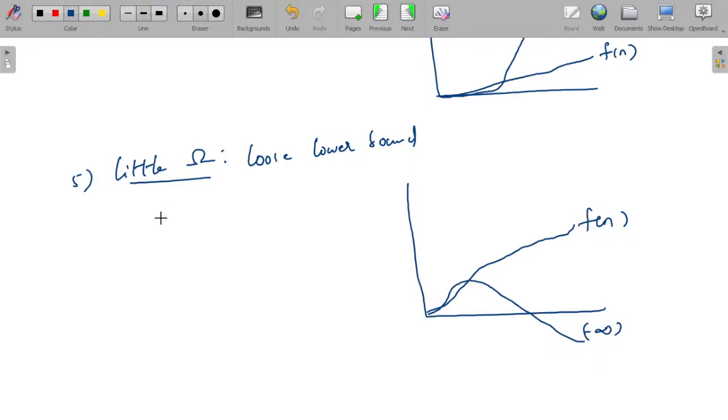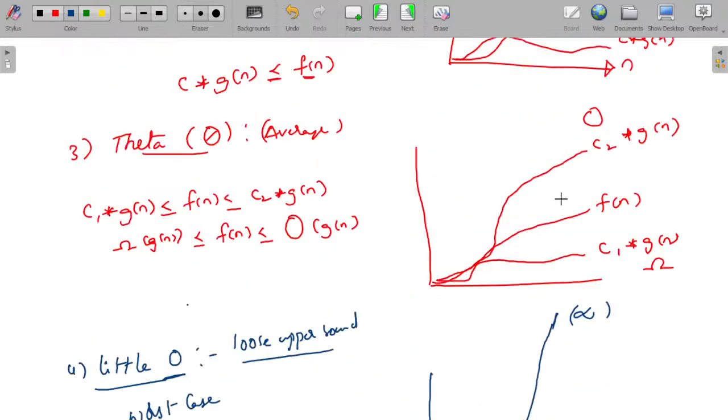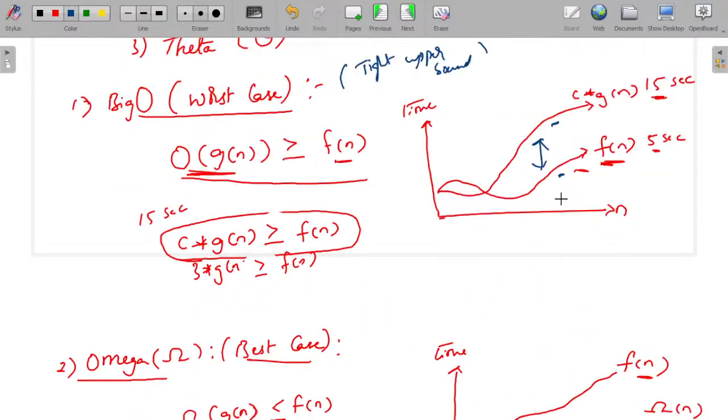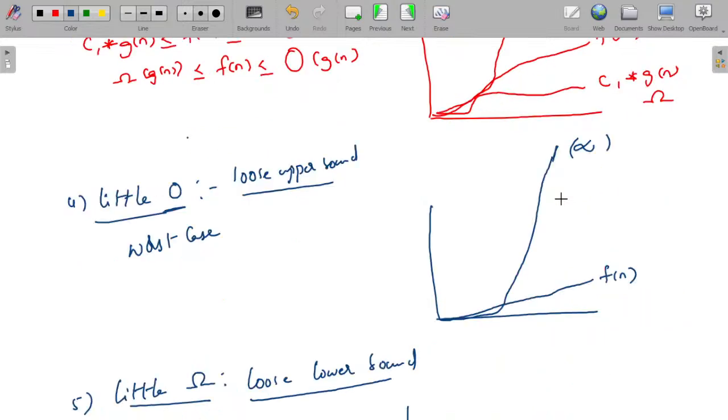So this is also used to represent the best case, but what type of curve does it use? It uses a loose lower bound representation. That means it will be very downward, and it will not be very close to the real time. So this is the difference between big O and little o. Big O is used to represent the tight upper bound, whereas little o is used to represent the loose upper bound.